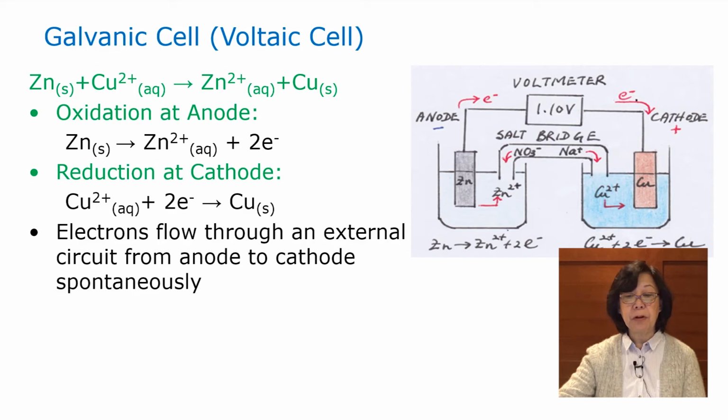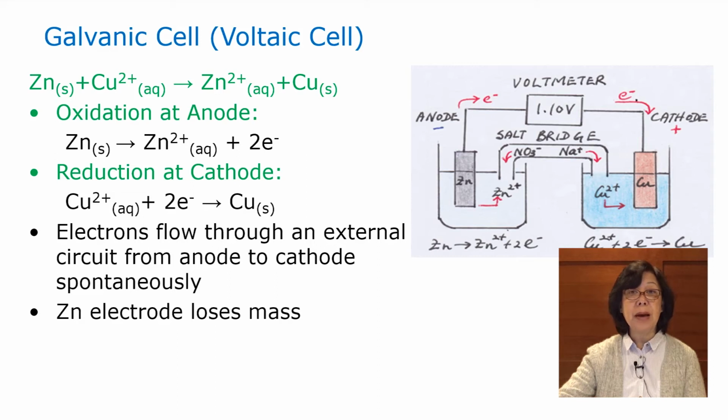The electron will flow through an external circuit from the anode to the cathode spontaneously, as indicated by the red arrow, and the voltmeter will register a voltage of 1.10 volts. Because the zinc metal is being oxidized, the zinc electrode will lose mass.